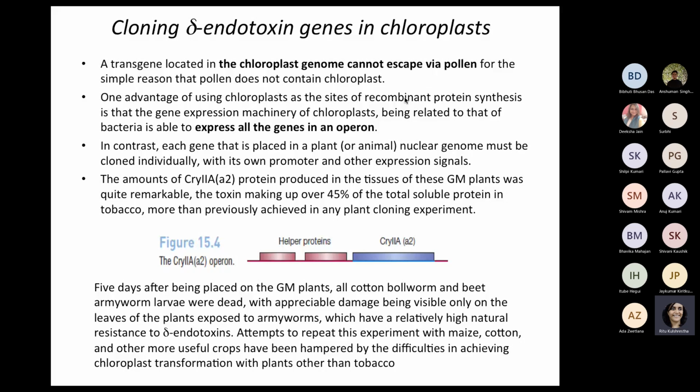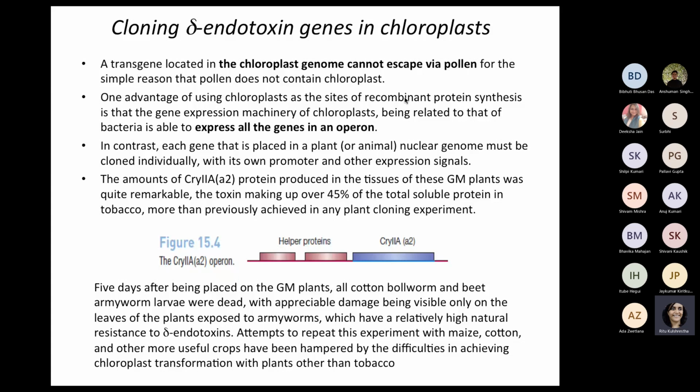So this was one aspect, and another aspect was that, as I told you, if you clone your gene in the chloroplast as compared to the nucleus, there are multiple copies of the chloroplast in a plant cell, so you will have more copies of the gene that you want expressed.